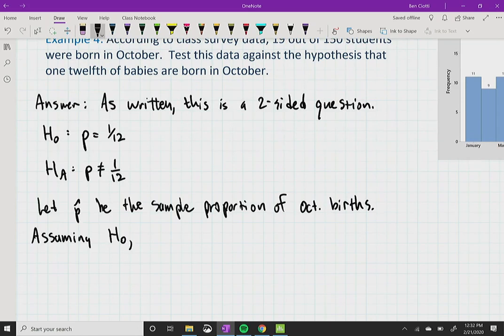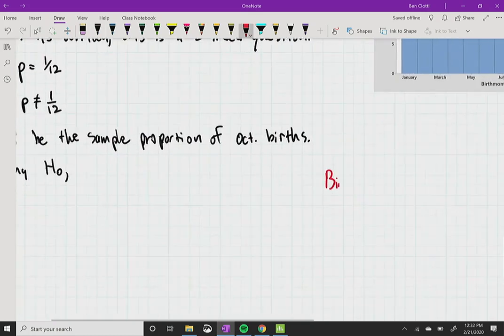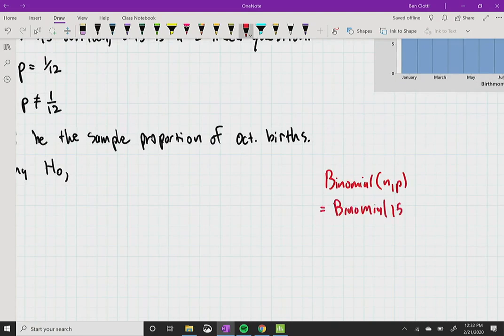It seems pretty reasonable that births between different students would be independent. So in that case, it looks like we have a binomial distribution of n and p, which is a binomial distribution with 150 students and 1/12 probability.